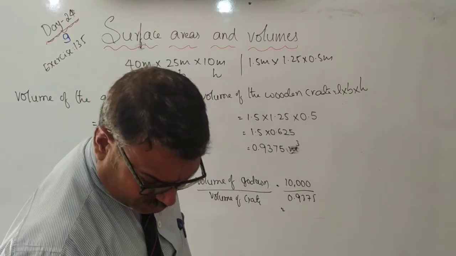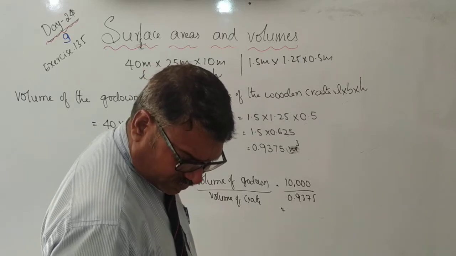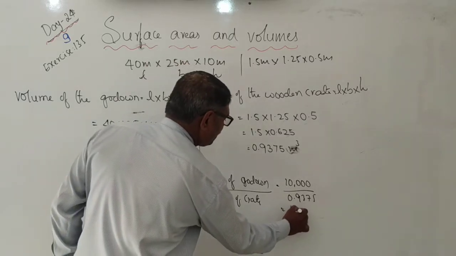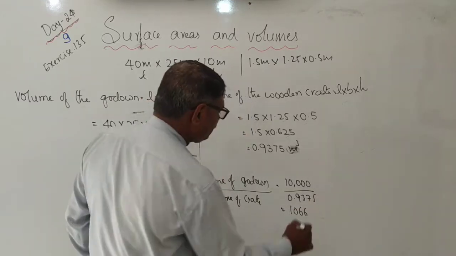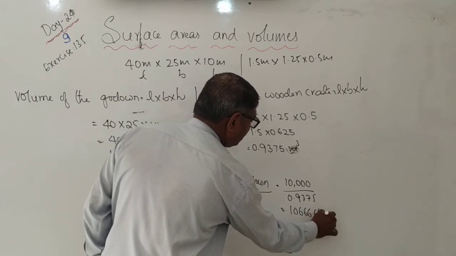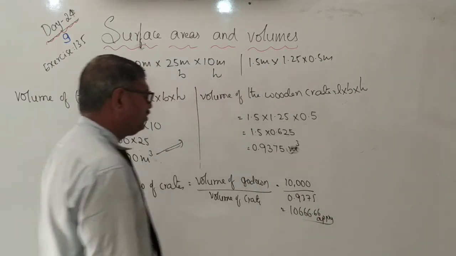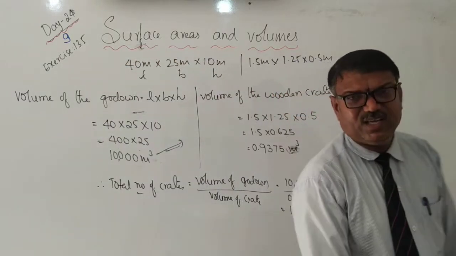Approximately how many will come? 10,666.67 approximately, so you will get about 10,667.